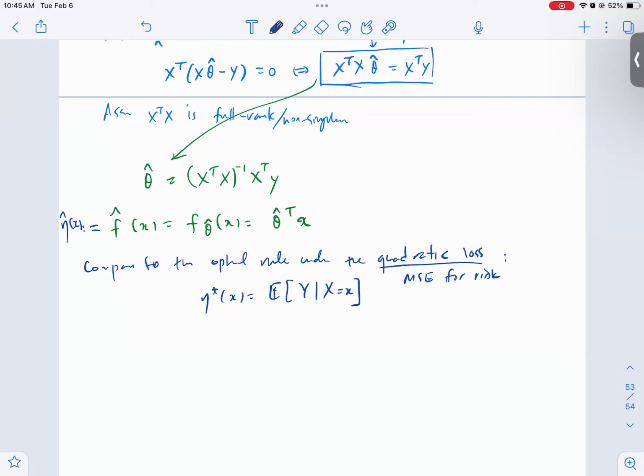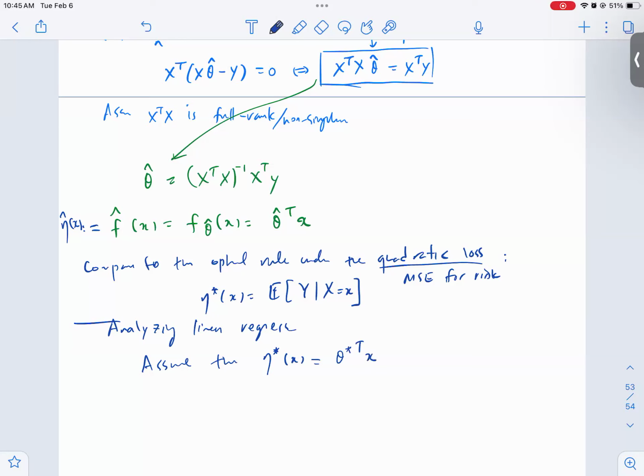At this point, we can't do much more. We can do a little bit more, but first, any questions about this? What we can do is analyze linear regression. I'm going to assume that eta star is also linear.